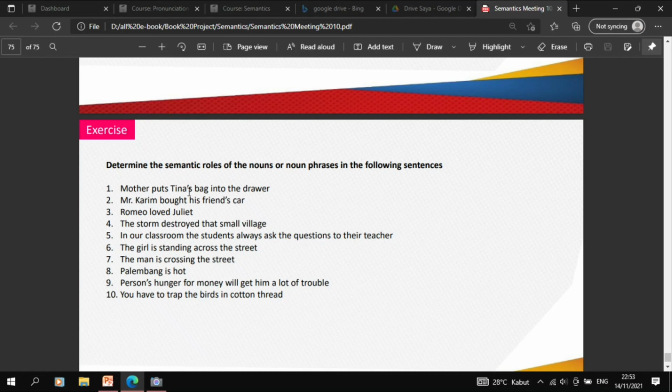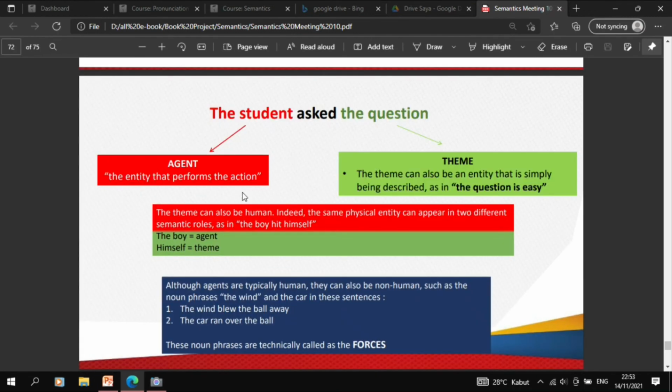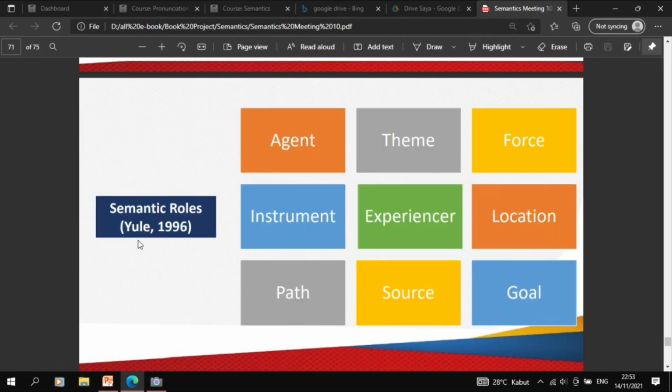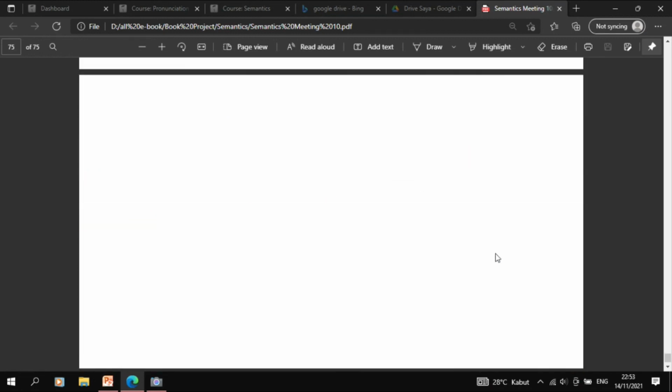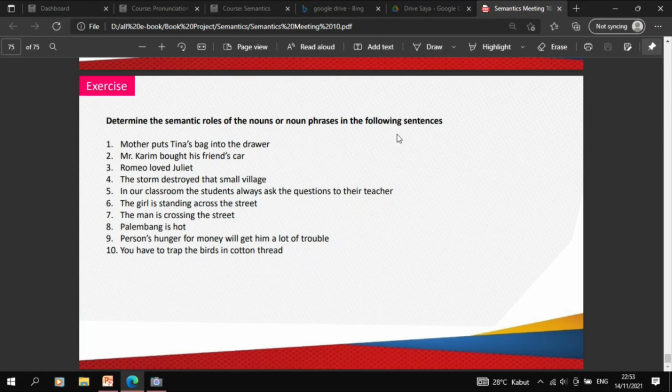So underline the noun. And please say that based on the use, explain theory of semantic roles by these 3, not by Richards. Please analyze it by these 9 terms of semantic roles, like: mother puts Tina's bag into the drawer. Okay, so please underline and mention the semantic roles.